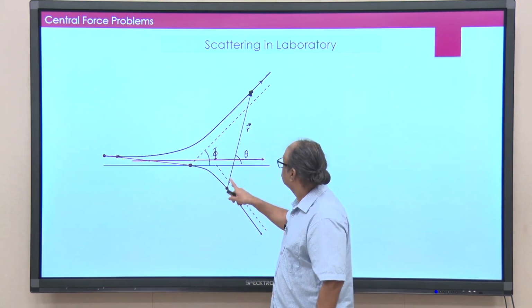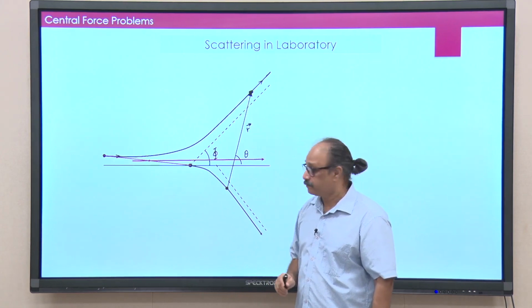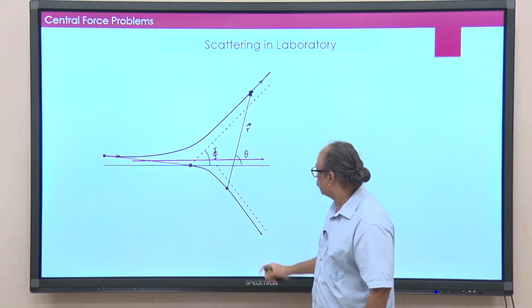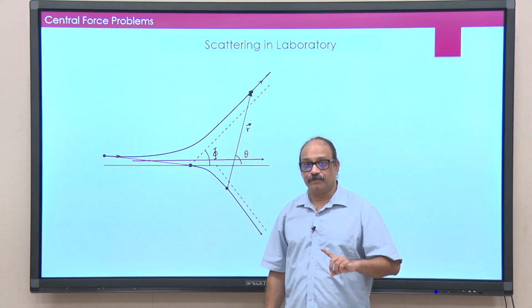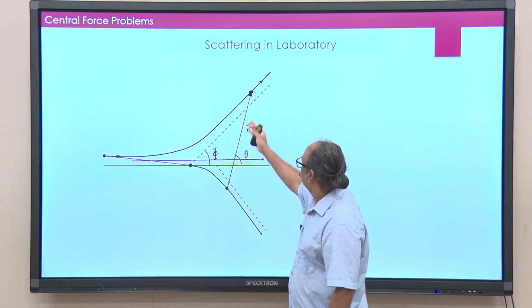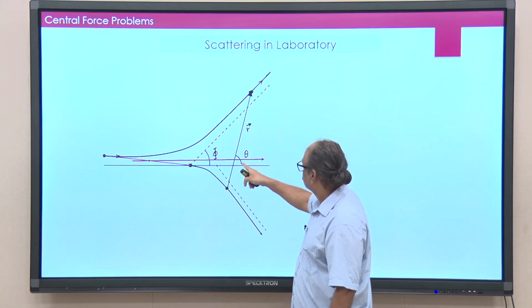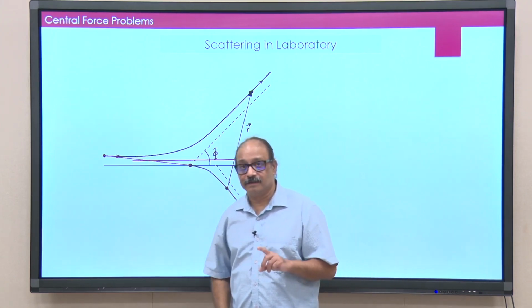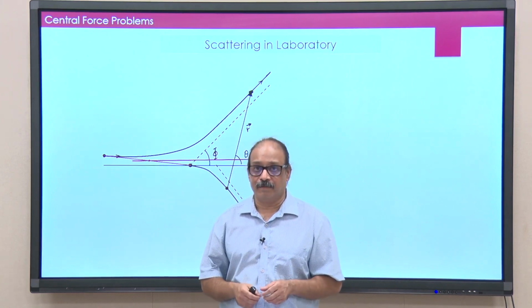This is the target, this is your travelling particle or the beam particle. The line joining these two is what we considered as scattering. So, this is the angle theta. If you look at the asymptote of this with respect to this, that would be your scattering angle theta that we actually calculated in our theoretical models.